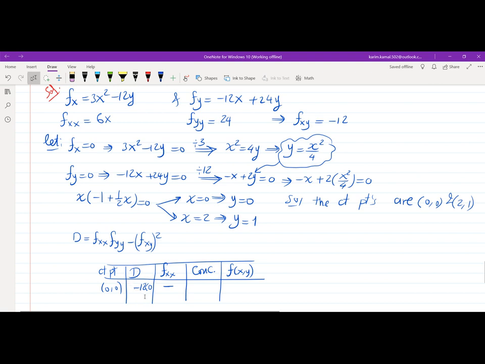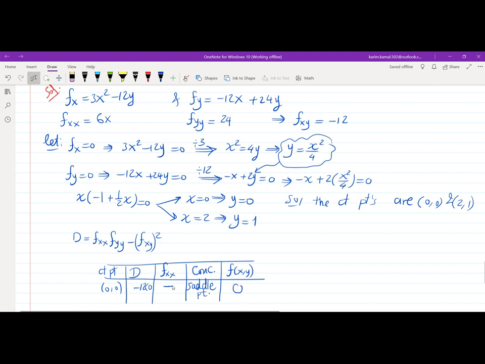Directly, this point is a saddle point. And the value of the function at this point will be equal to 0.